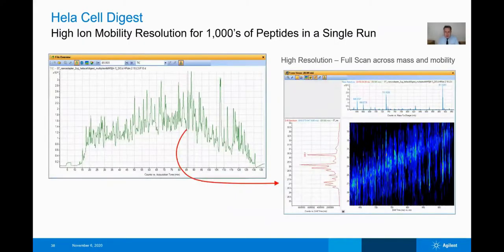One of the things that's very powerful about this technique is that it can be applied to very complex mixtures. In this case, this is a HeLa cell digest. And we've been able to treat thousands of peptides that have been separated here with resolution enhancement. So instead of having it be targeted on one or two analytes during an LCMS separation or switched throughout a separation, we can, in retrospect, treat large numbers.